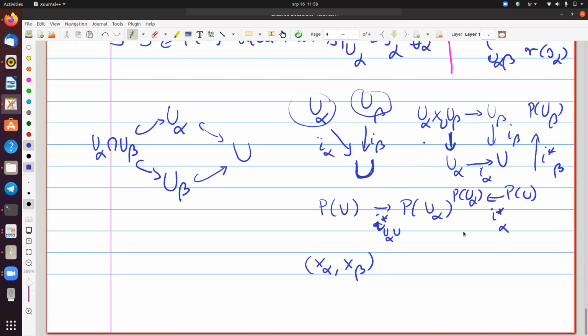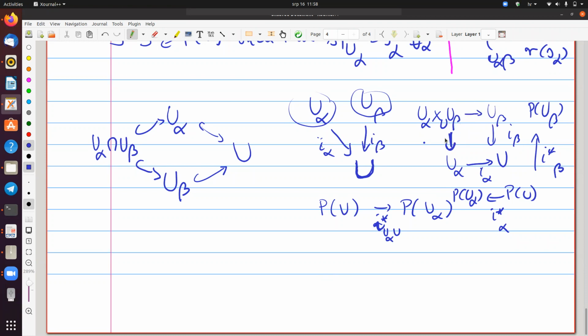So these are all pairs in U alpha cross U beta, but such that they become the same in U. And this makes sense for more general maps. Then you can have this U alpha cross U beta going to U beta and to U alpha.